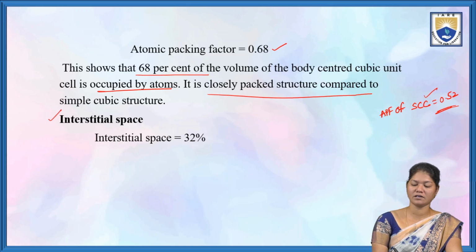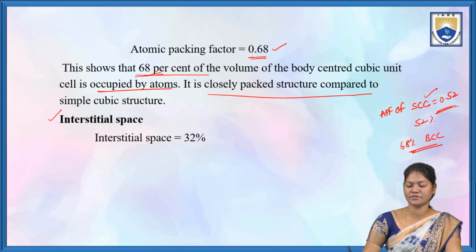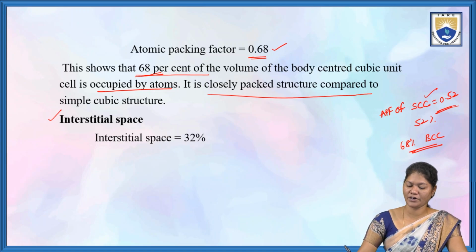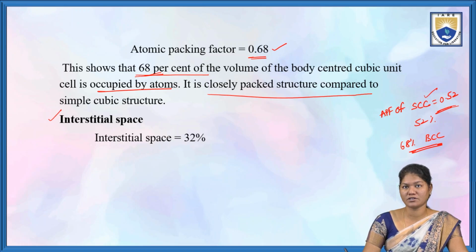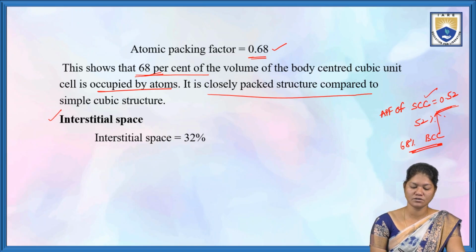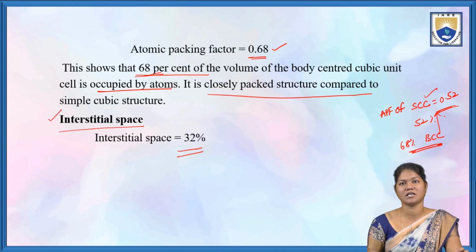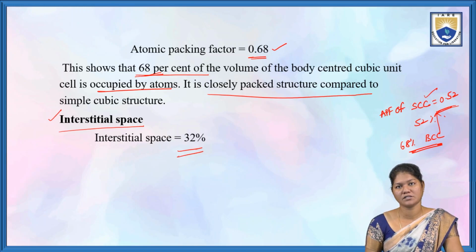But here it is 0.68, so 68%. Here it is 52%, but in the BCC, 68% is filled with atoms. The remaining is free. So it is a more closely packed cubic structure when compared to the simple cubic structure. So the interstitial space is 32% in the BCC structure.